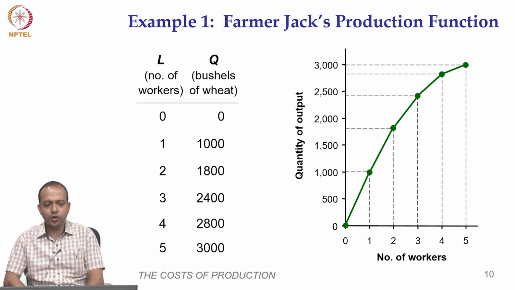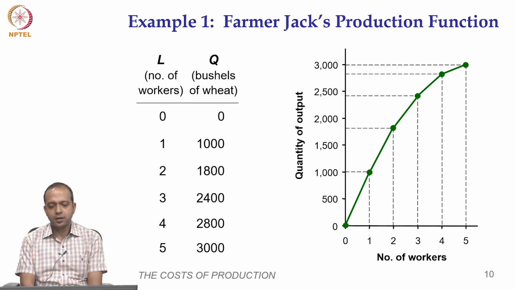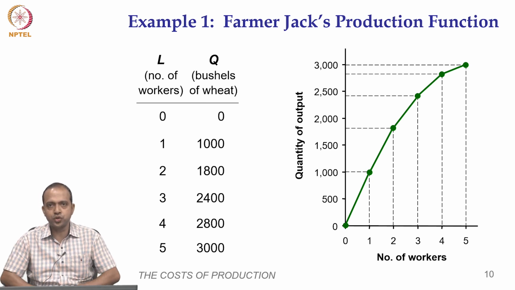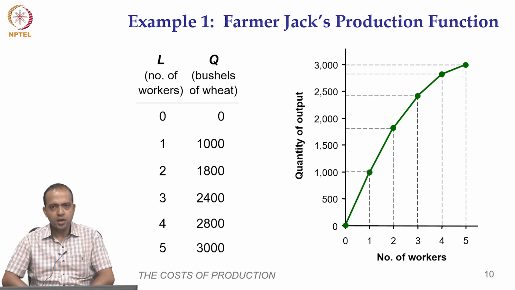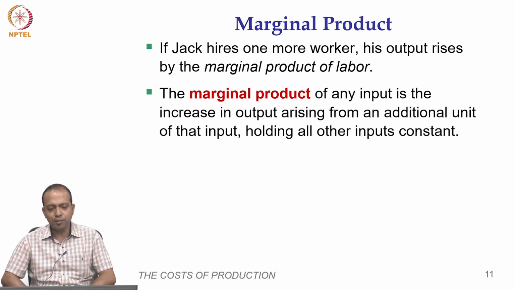If you differentiate the production function with respect to labor, since only one input is used here, you will get the marginal product of labor. So, the marginal product of labor defines the slope of the production function or total product curve.